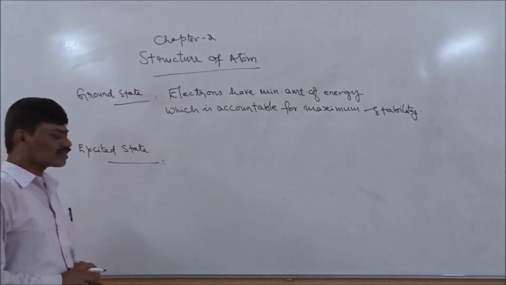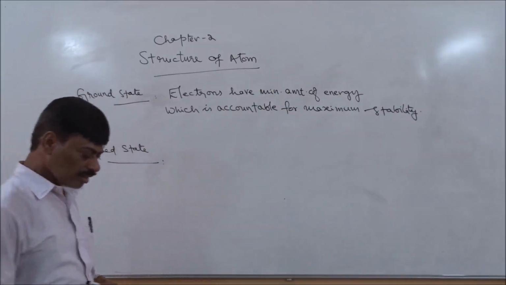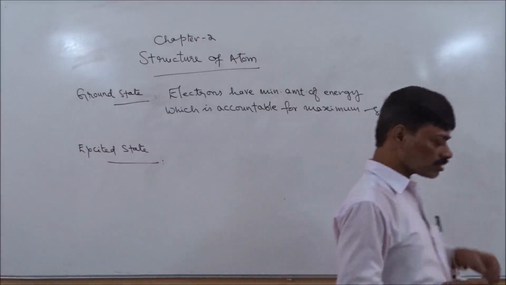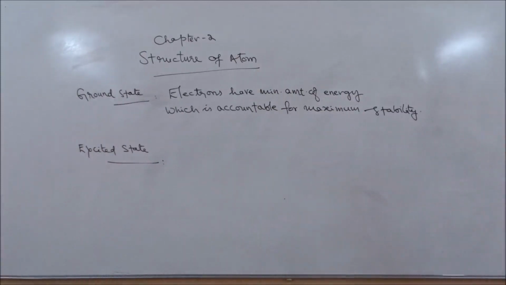Now if we move to excited state, in excited state electrons will have maximum energy and the stability is minimum.